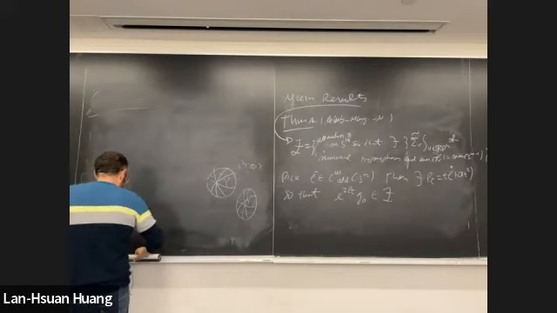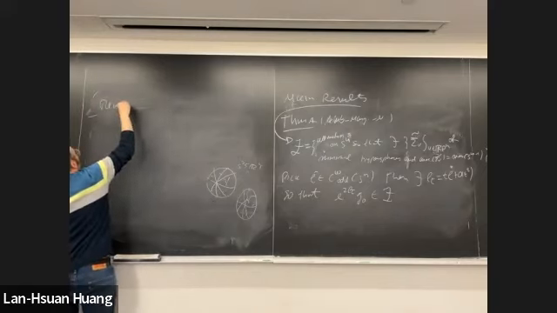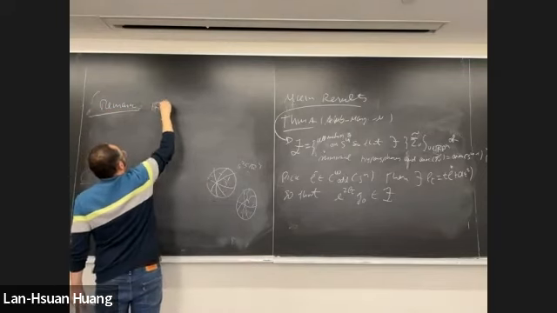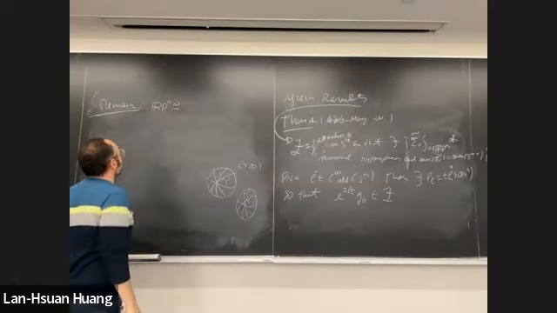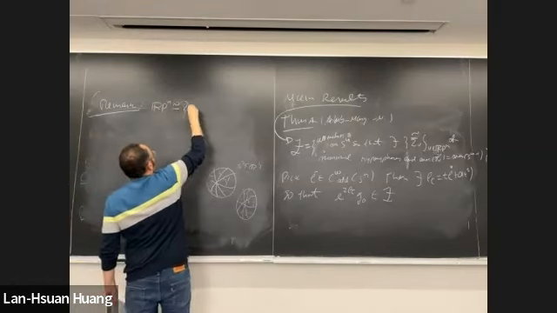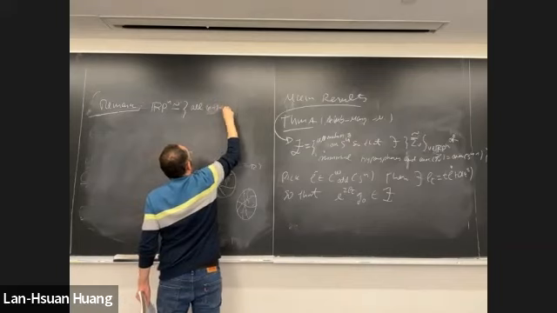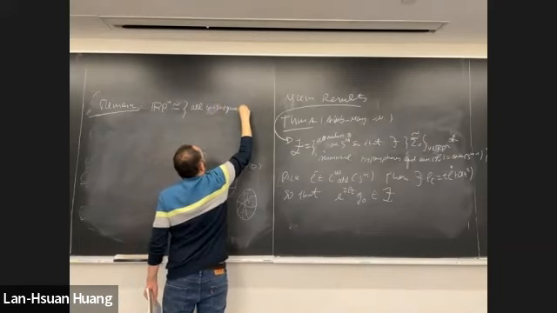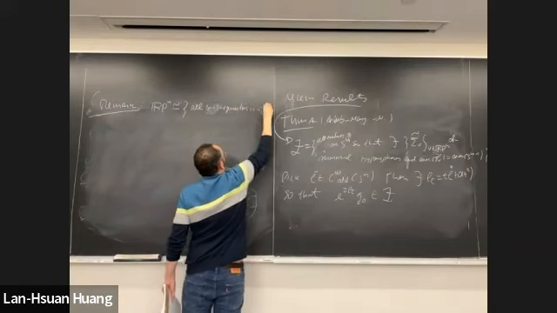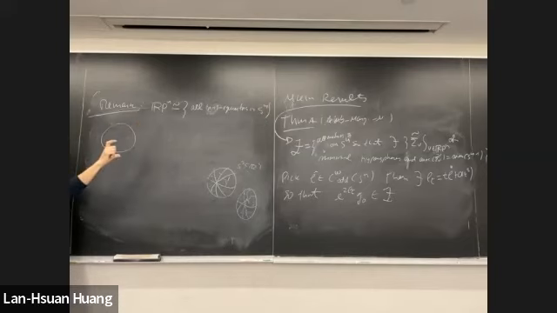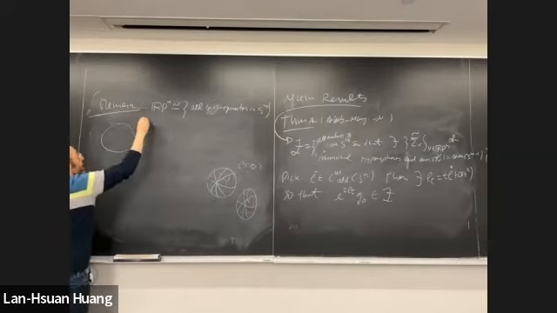Remark: RPN is homeomorphic to the set of all n minus 1 equators in Sn. The parameterization is the following. We take V in RPN.